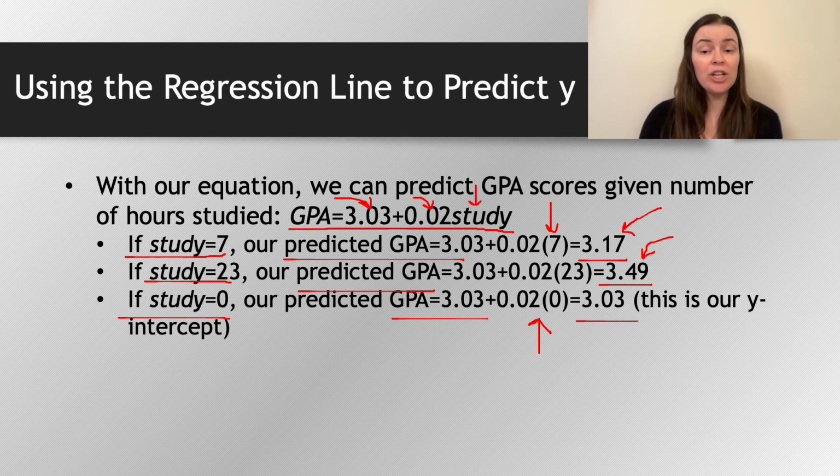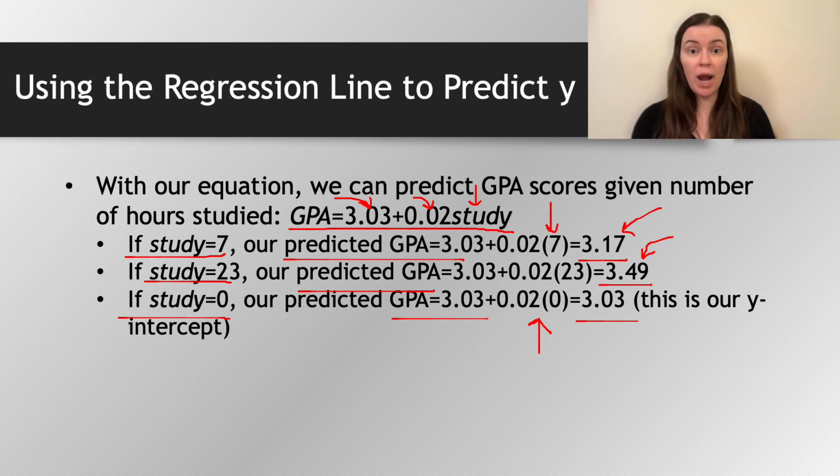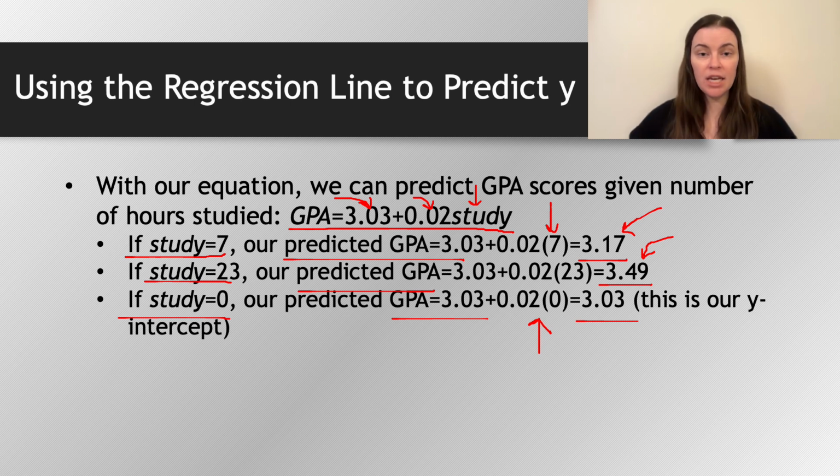So again, what regression really allows us to do here is predict these types of equations using our line of best fit. And so if you wanted to go all the way up to 50, right, the maximum number of reported hours we saw in terms of studying, you could see what your predicted GPA would be. But again, if you look back at the scatter plot, that didn't necessarily mean that that individual had a perfect 4.0 GPA.